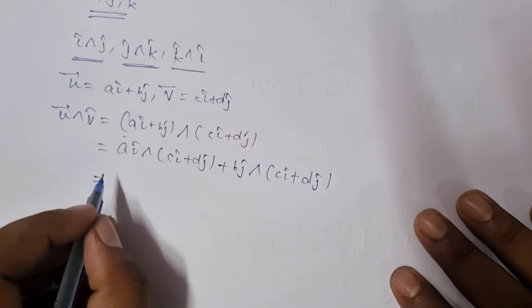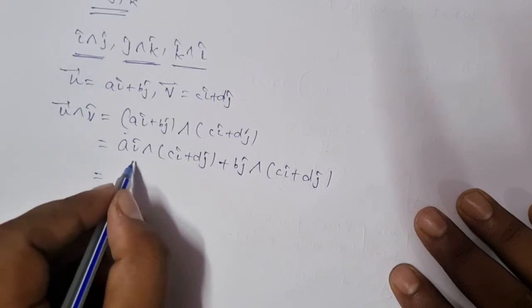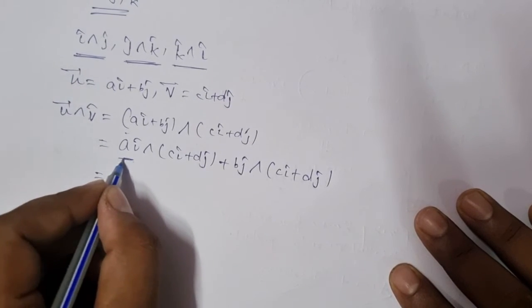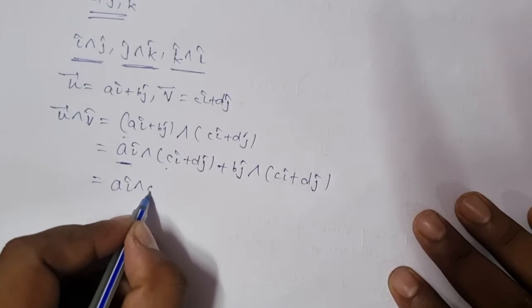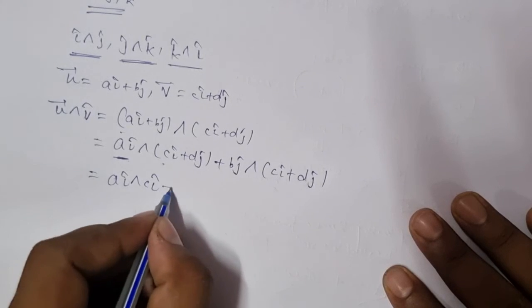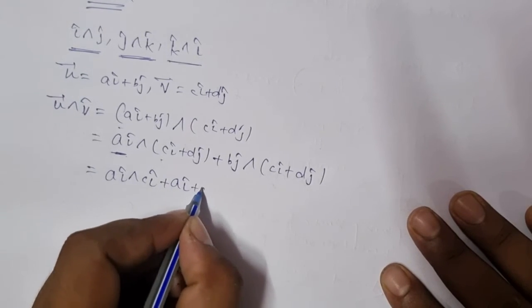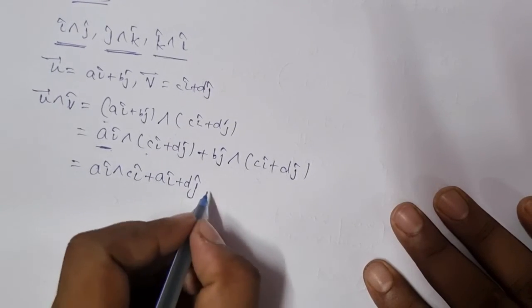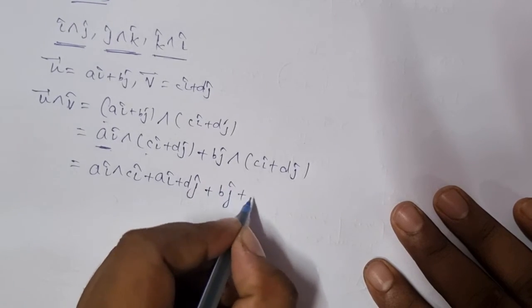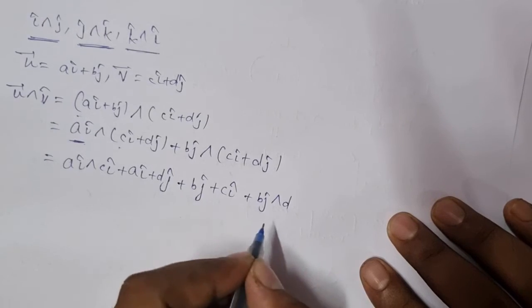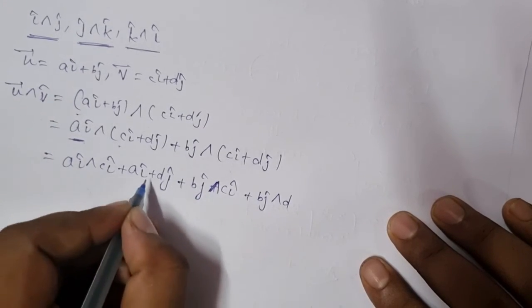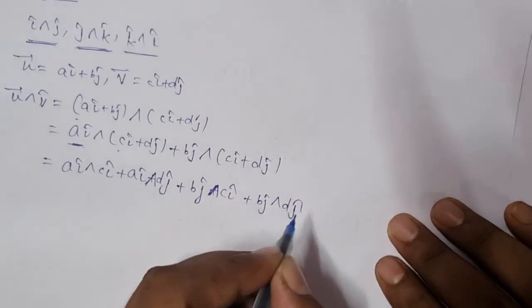Now you can distribute this, so it can be written as a i cap wedge c i cap, plus a i cap wedge d j cap, plus b j cap wedge c i cap, plus b j cap wedge d j cap.